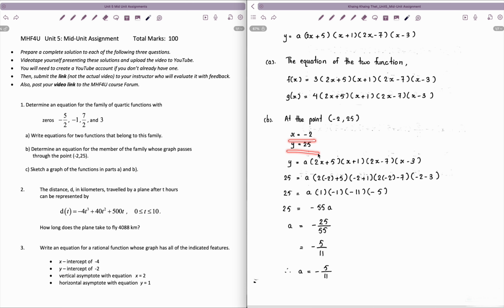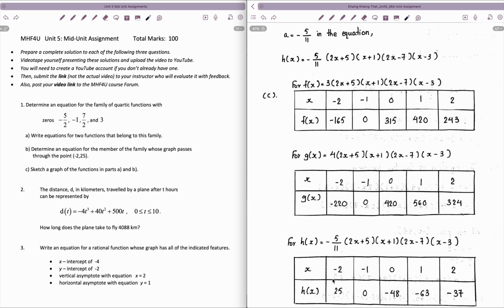So we substitute the coordinates of the point into the family of polynomial equations, with y equal to 25 and x equal to negative 2. We get a equals -5/11. Putting a back into the equation, we get h of x equals -5/11 times (2x plus 5) times (x plus 1) times (2x minus 7) times (x minus 3).